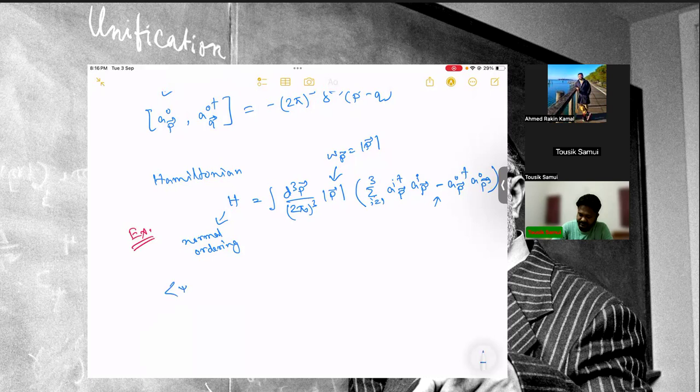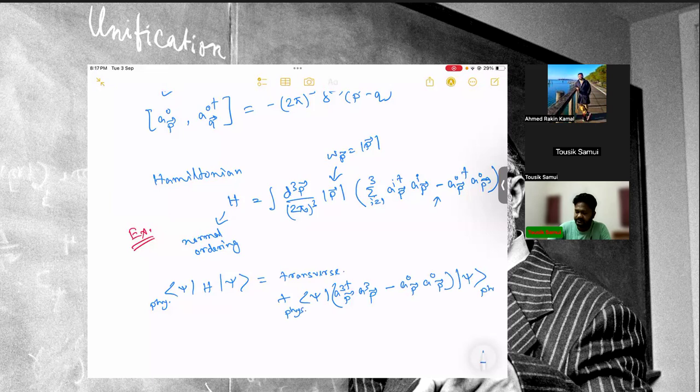With the physical state psi, of course we'll have some transverse components which are fine, but in addition to that, we will have psi, a3 dagger a3 minus a0 dagger a0, psi. So this is physical and this is physical.